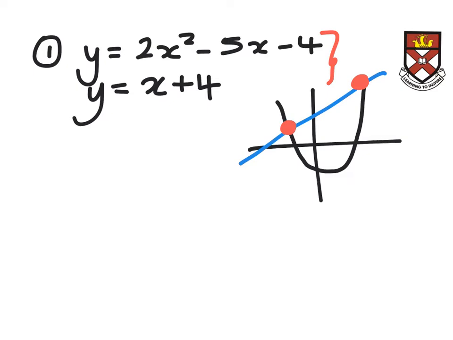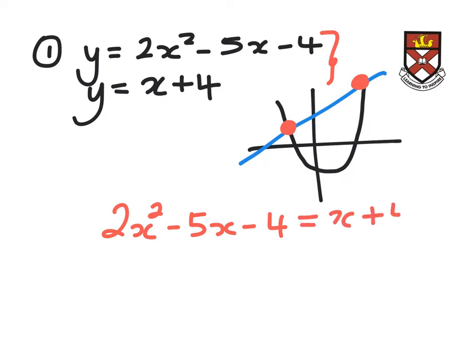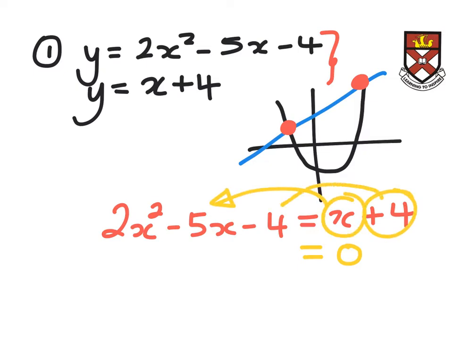To solve this one, you put the first formula, 2x squared minus 5x minus 4, equal to the second formula, x add 4. And the way that we solve that is we make it equal to 0, and we take the x over to this side, and then we take the 4 over to this side.